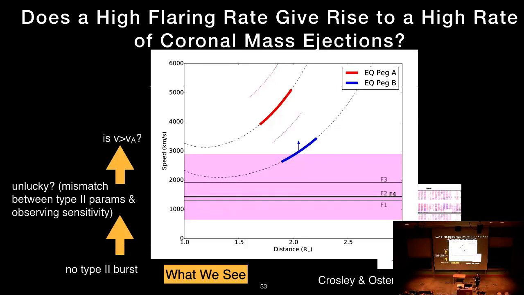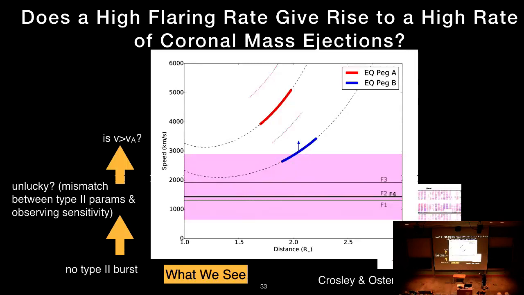Another possibility is that these CMEs are occurring, but they're not very fast. Right? On the sun, we think that these CMEs that have a lot of kinetic energy can do so because they have a huge amount of mass or because they're traveling very fast. So we could do some admittedly simplistic modeling of what the Alfvén speed in the outer atmosphere above the star might look like. So this is speed as a function of distance.